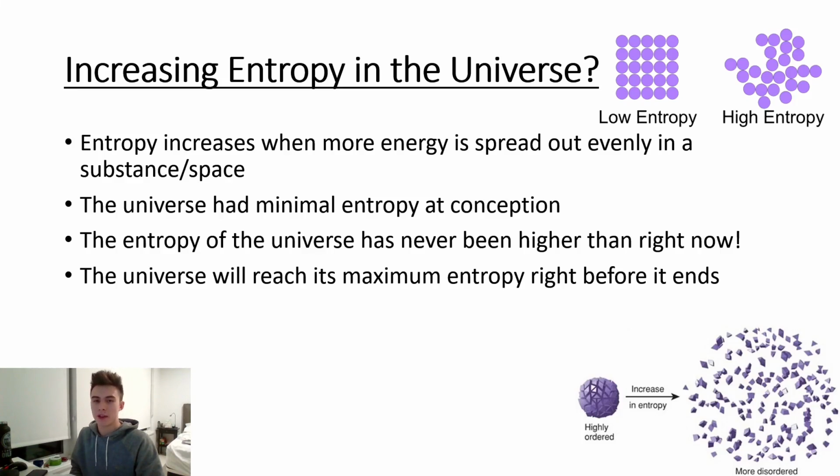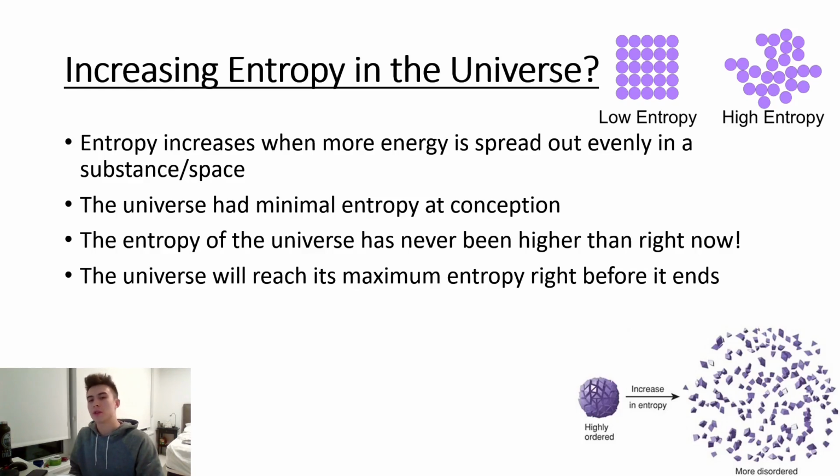So using that fact, we could come up with these three facts below. Firstly, the universe had minimal entropy at its conception, or when it was created. This is because the energy wouldn't have had time to spread out evenly. So the entropy wouldn't have been increased by much.